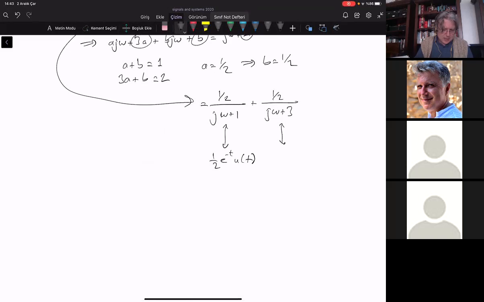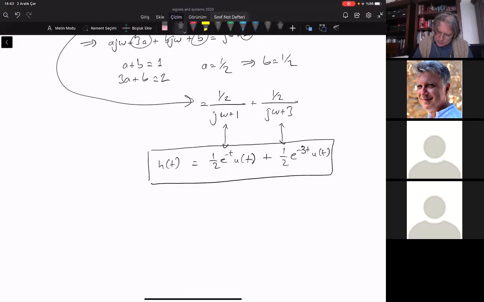And this one is, again, with a 1/2, e^(-3t) u(t). So I have to add them because their Fourier transforms are added. Their time domain versions must also be added. And this is h(t). So I found it again.